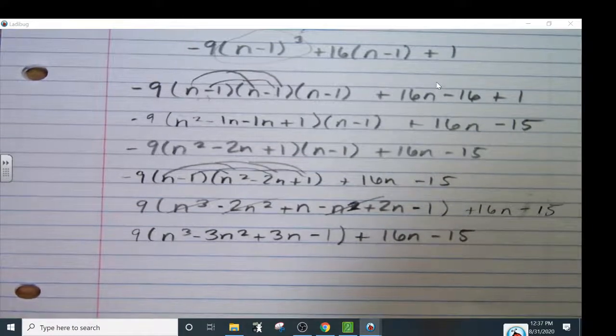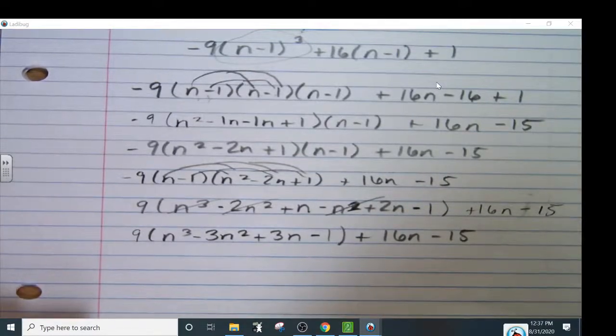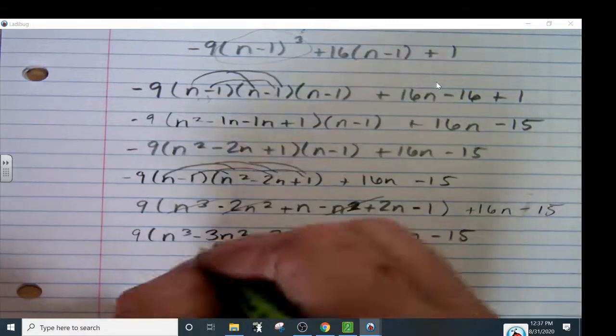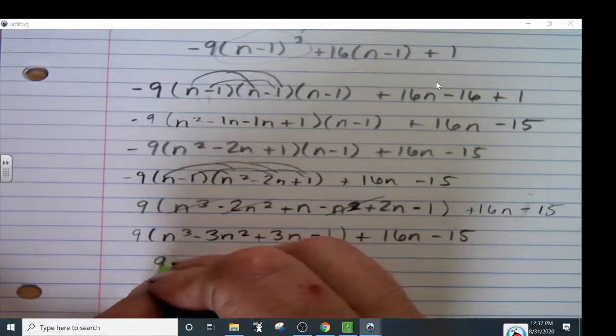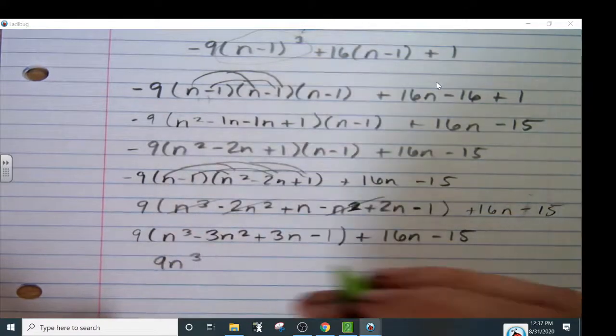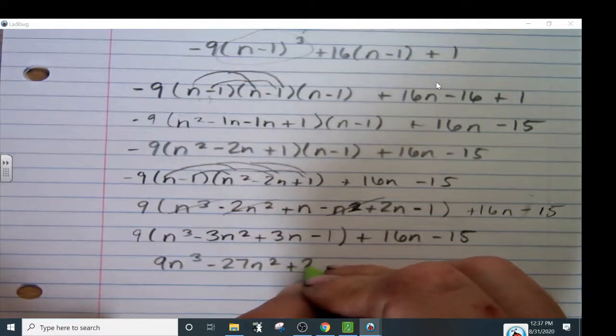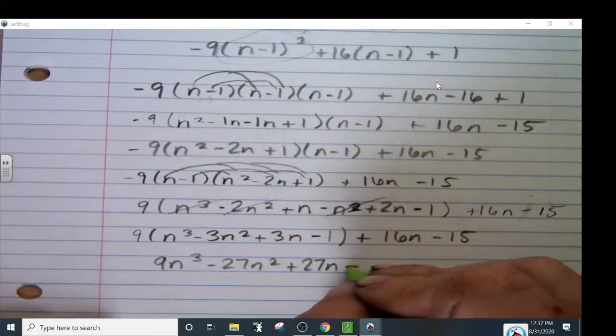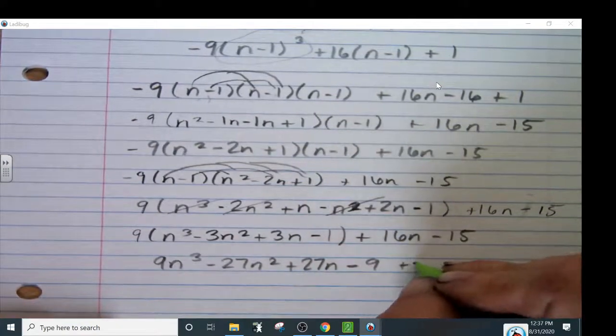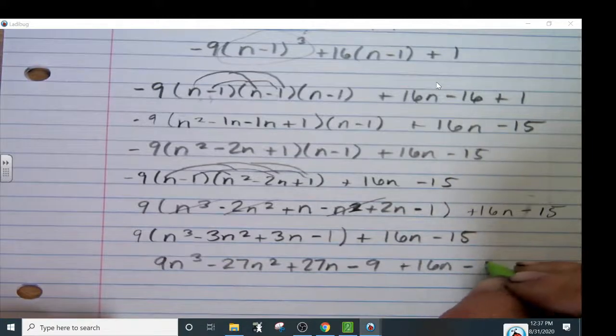This thing just keeps going. All right, then that's going to be 9n cubed minus 27n squared plus 27n minus 9 plus 16n minus 15.